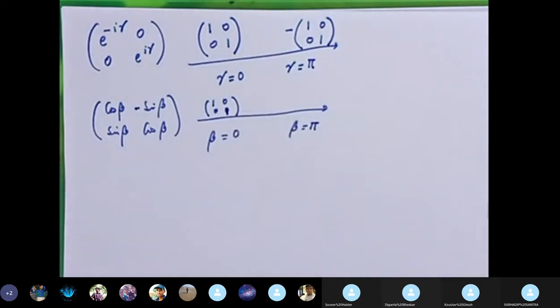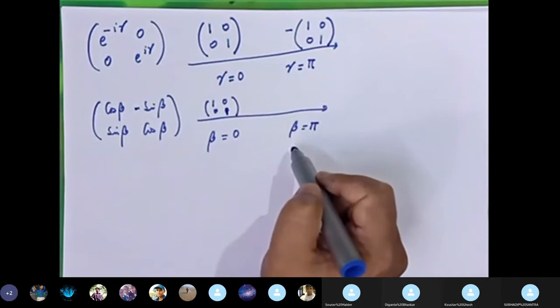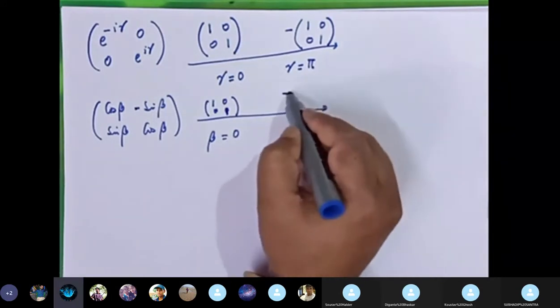For beta equal to pi, this is minus identity.